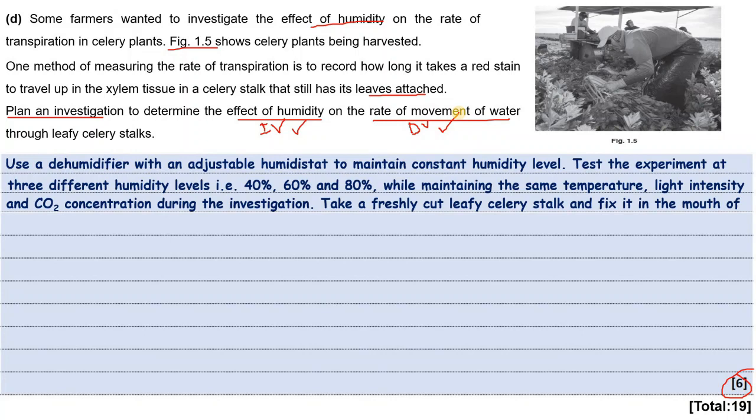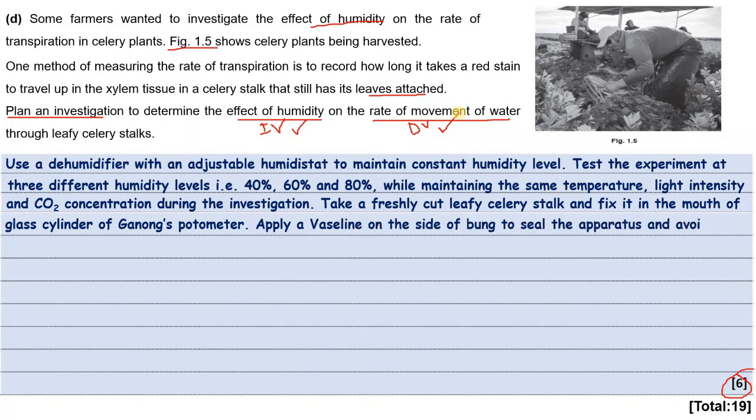After that, we can take a freshly cut leafy celery stalk and fix it in the mouth of the glass cylinder of a Ganong potometer, which can be used to measure the movement of water, because this is a ready-made available instrument which can be used to measure the rate of transpiration. We can apply Vaseline on the side of the bung to seal the apparatus to avoid the loss of vapor.